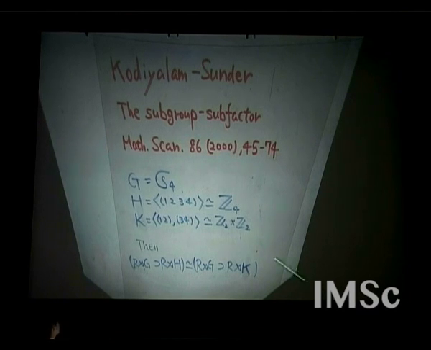Then it's isomorphic to Z over 2 times Z over 2. Then they show that these two pairs, H in G and K in G, give rise to isomorphic subfactors. So this means that in general, the group-subgroup subfactors cannot recover the original pair completely.